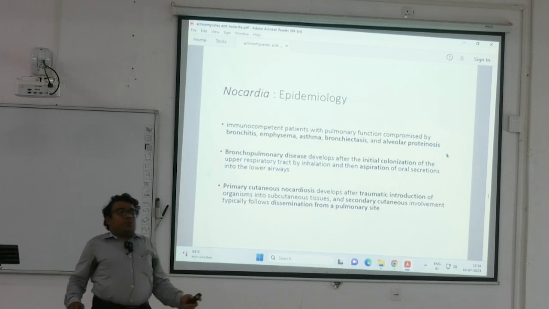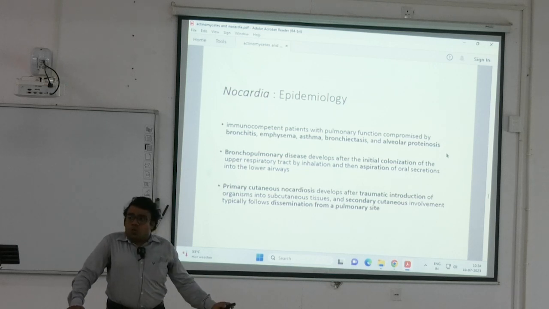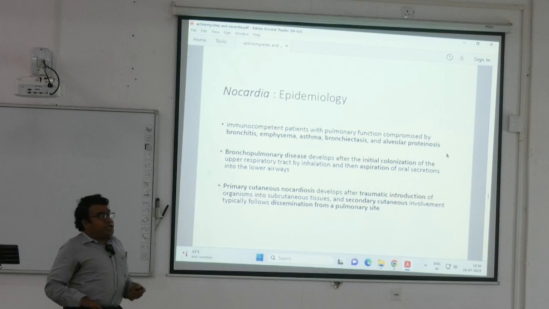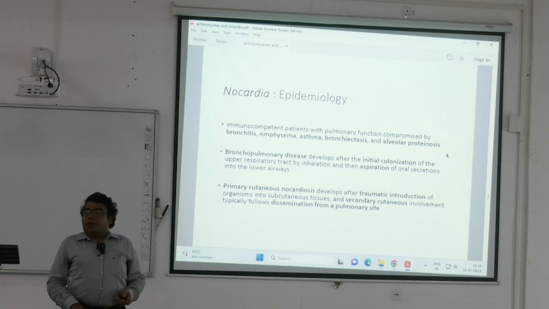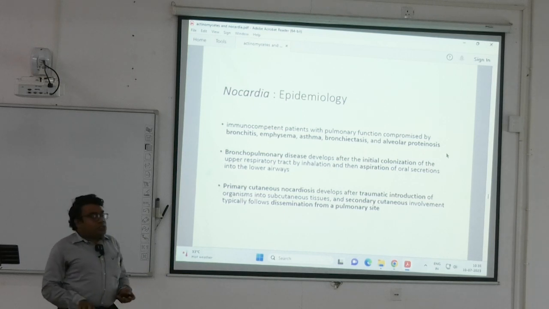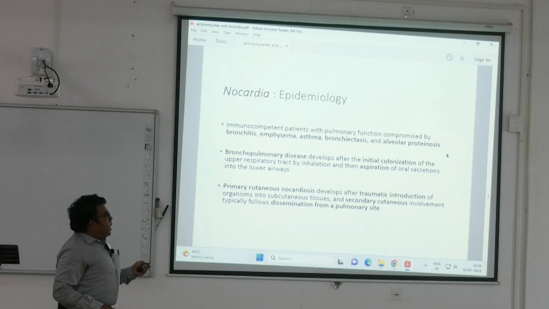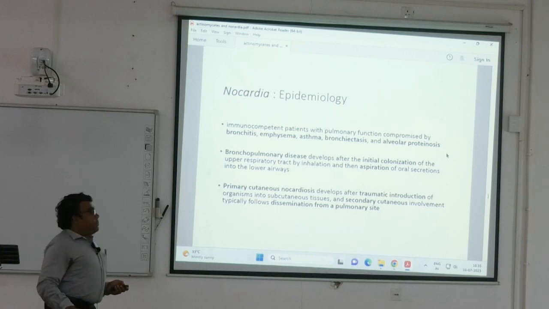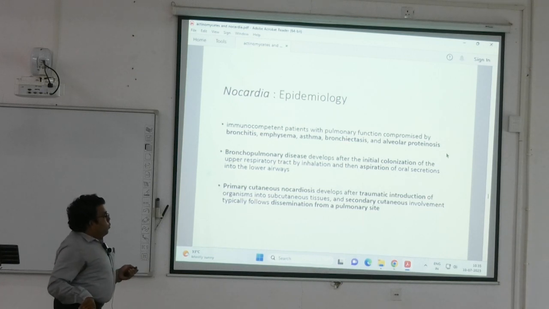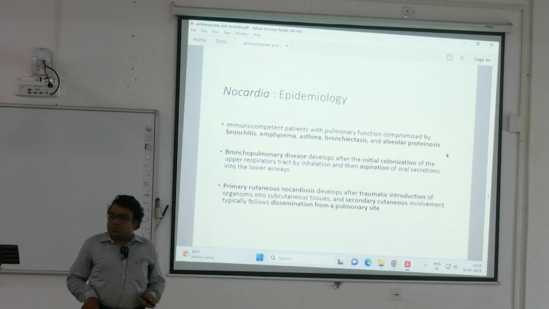Hence, immune competent patients who already have a deranged respiratory anatomy or physiology will be infected, like in bronchitis, emphysema, bronchiectasis, and alveolar proteinosis.